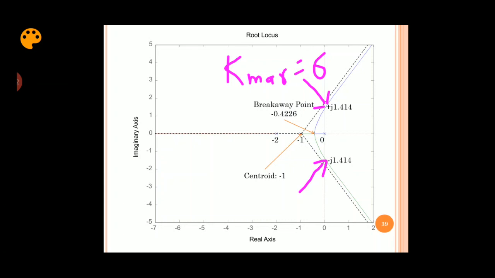So from this we understand that to make the system stable, we need to keep the value of k within 6. The moment it reaches 6, it becomes marginally stable. So to make the system stable, we should always keep the value of k for this particular system in the range of 0 and less than 6.